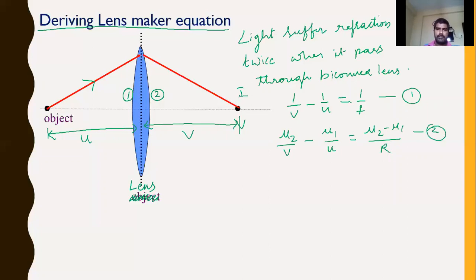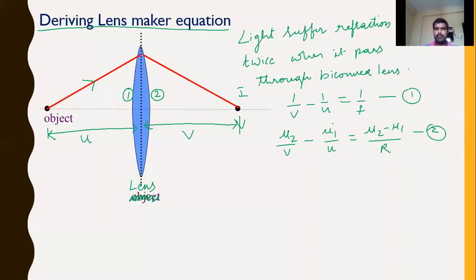These two equations should be familiar to you in order to derive the Lensmaker equation. This is the lens equation, 1 by v minus 1 by u is equal to 1 by f. And whenever refraction is taking place from one single curved surface, you can use equation number 2 as stated here in order to find out the final image.